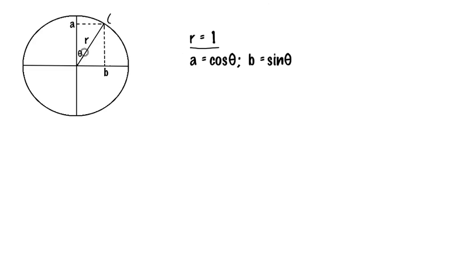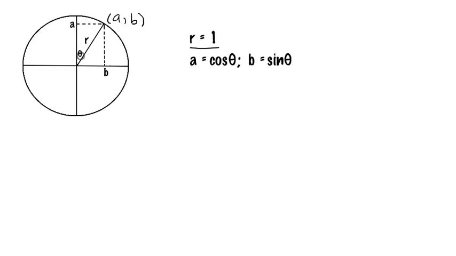Well, we know that if we go along here from the center up to this point, where we project down from here, we get a length of A. So the first coordinate is going to be A. We know that this length here is B, and so when we project it down here, the coordinate along the horizontal axis is going to be B. And we also know something else.